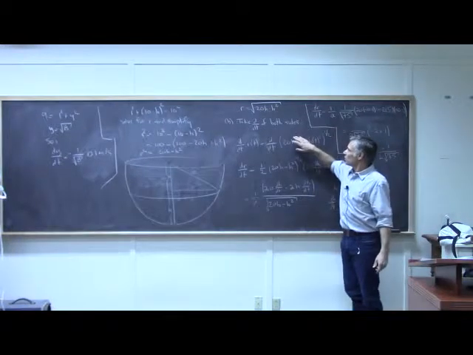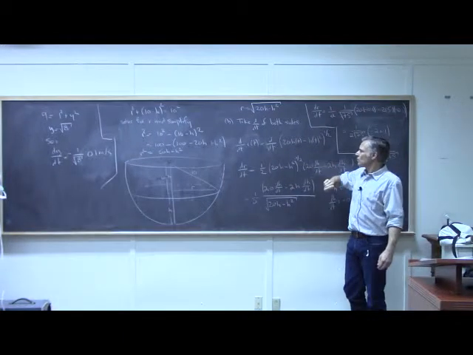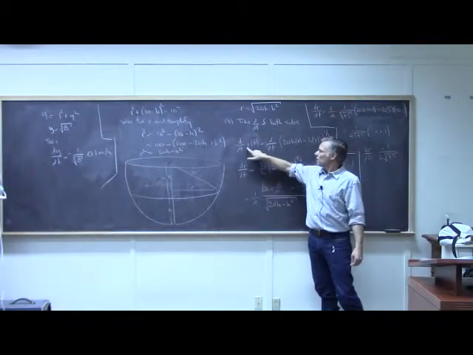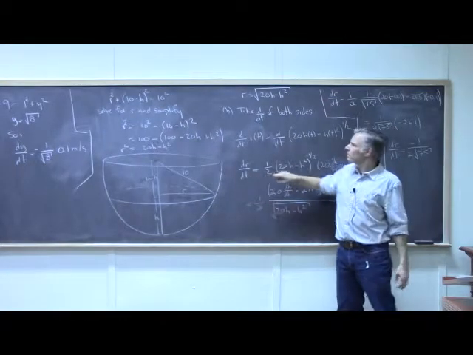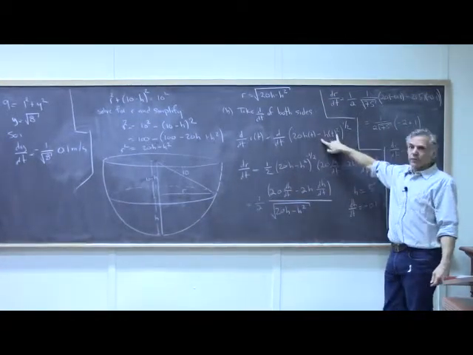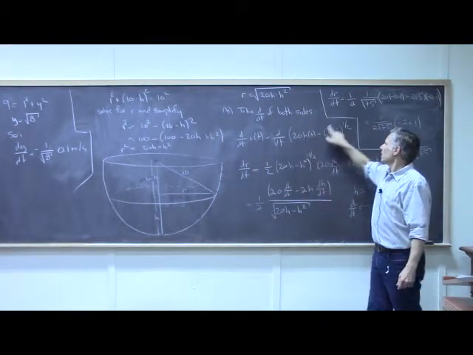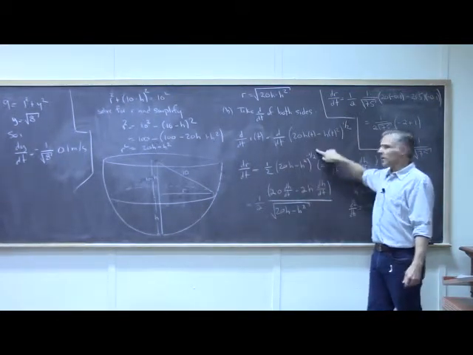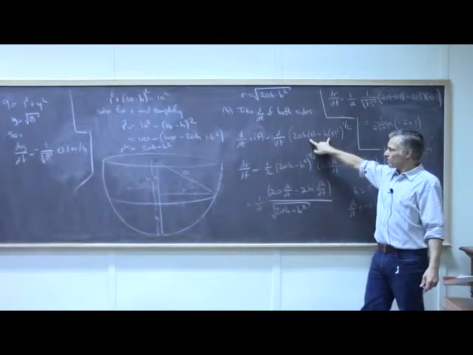So we last left off where we had to take the derivative of both sides of this. The derivative of r with respect to t is just dr/dt. That's what we'd like to find out. Then I need to take the derivative of this, and that's first a chain rule thing. The derivative of blah to the half is half blah to the minus half. Then I need to take the derivative of the inner function.